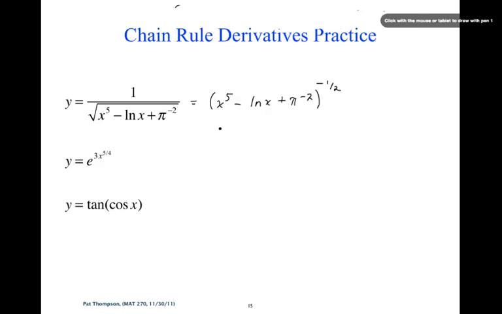So this first one, say dy dx equals the rate of change of something to the negative 1/2. Negative 1/2 times that thing to the negative 3 halves.